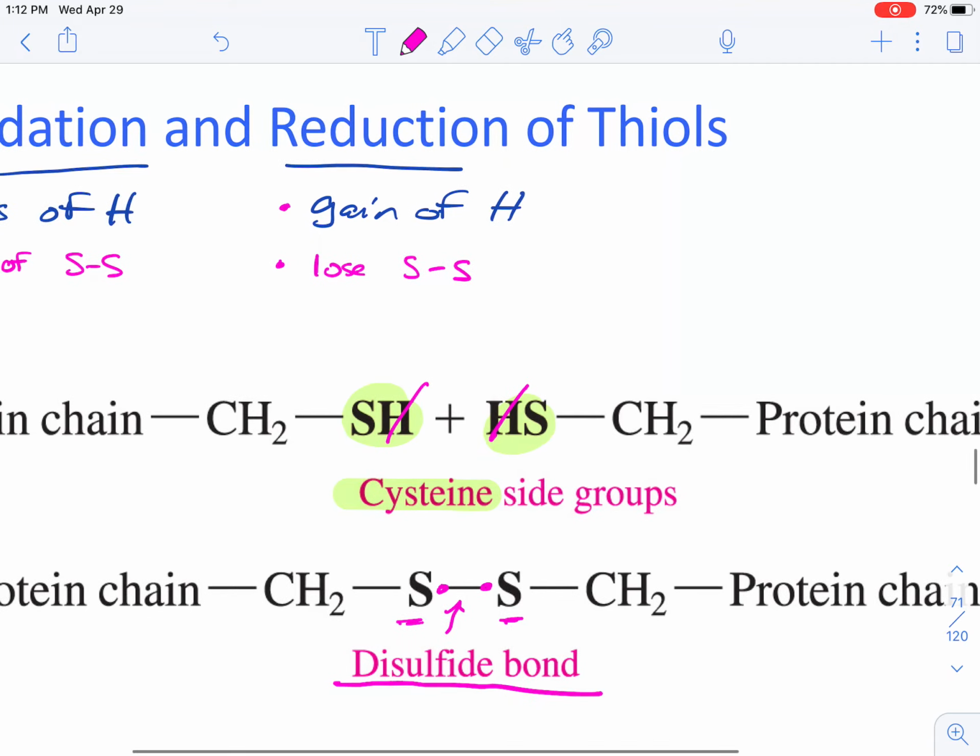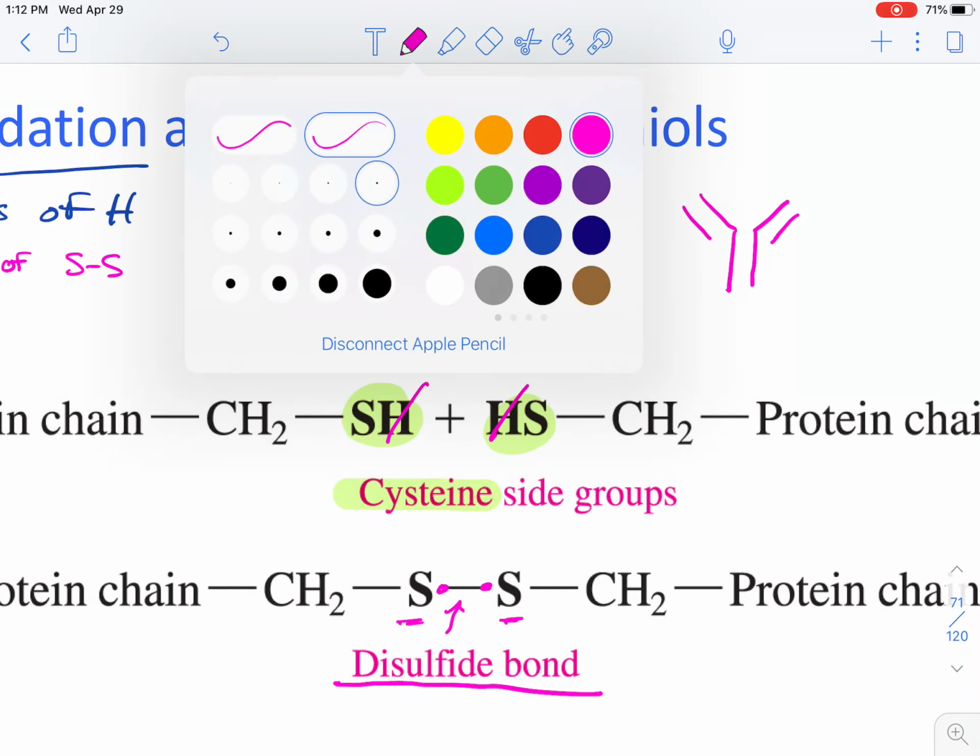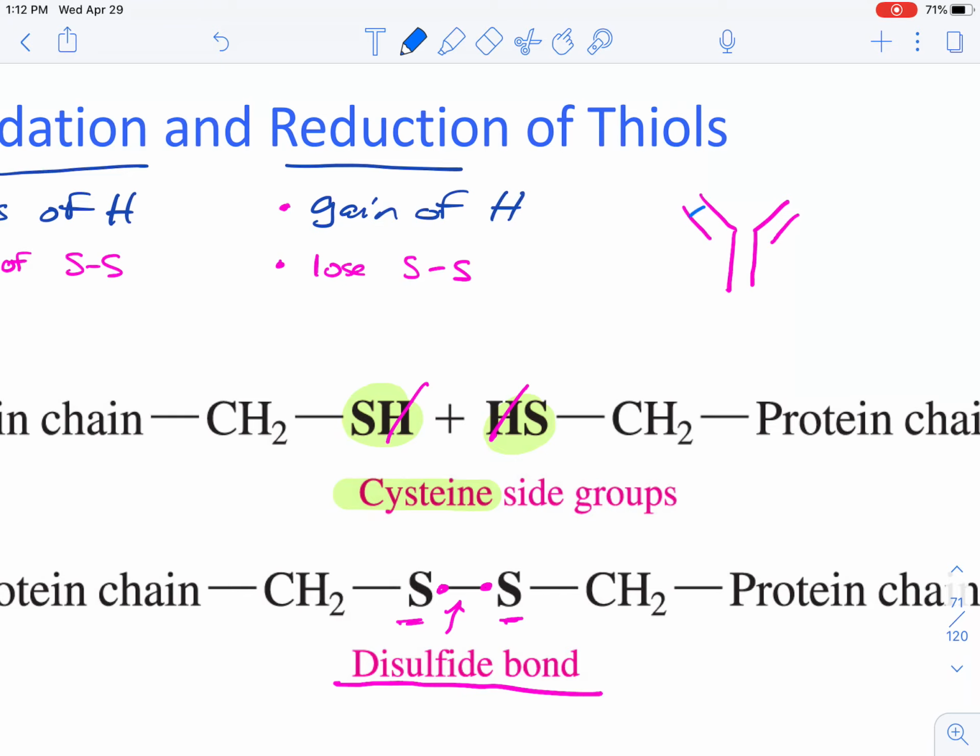Okay. And so, a rudimentary image of an antibody kind of looks like this, where all of these blue lines that I'm drawing represent the disulfide bond.